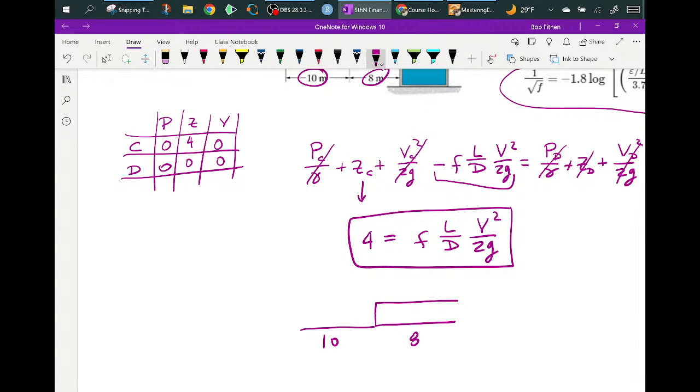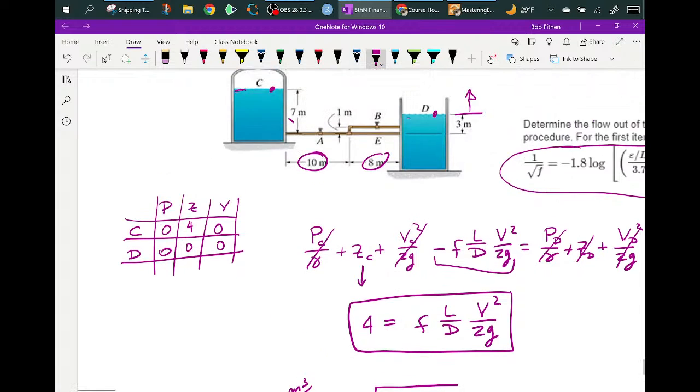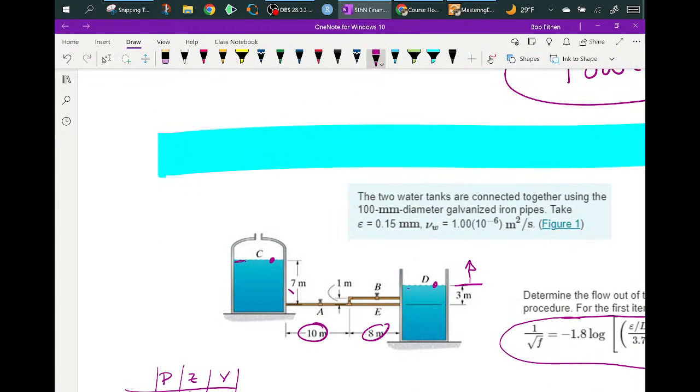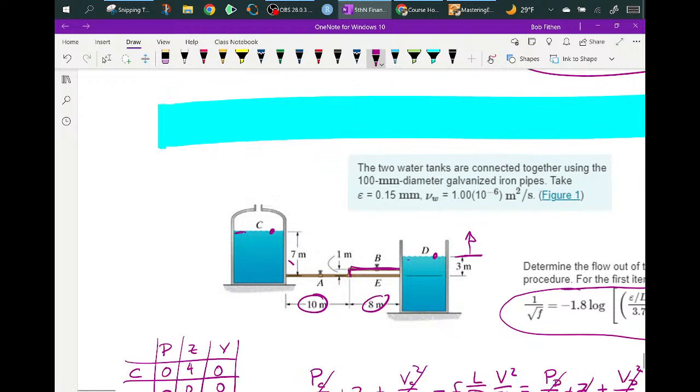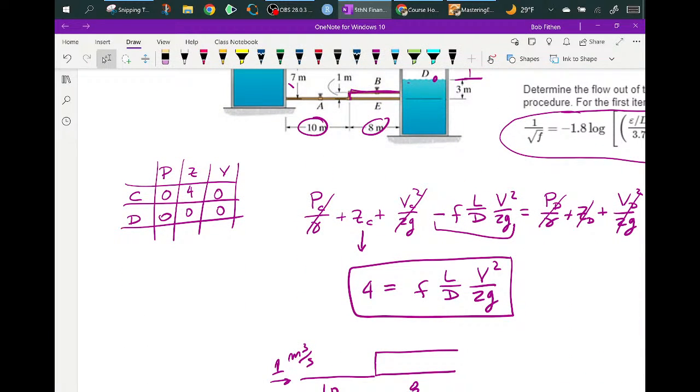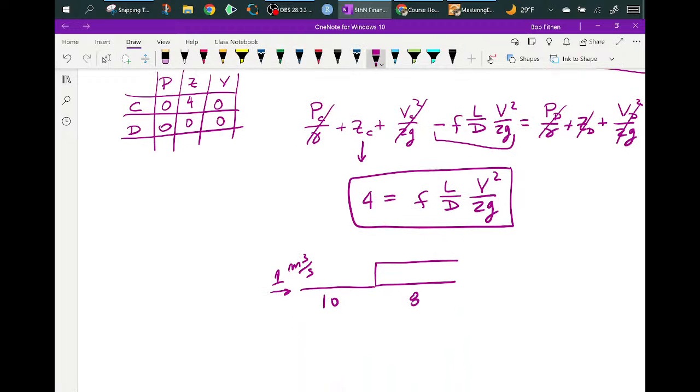Let's assume that through this pipe we had 1 cubic meter per second. He says this is 9, so what you have here is 9 in length and 8 in length.